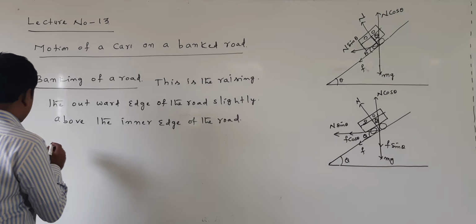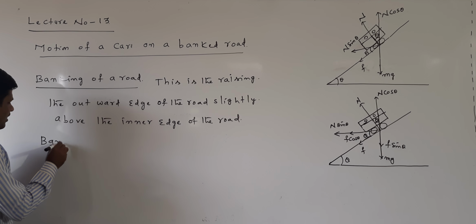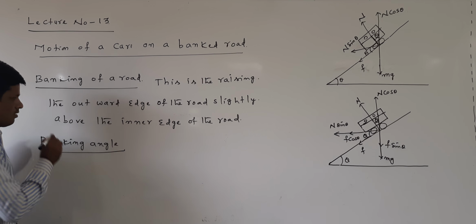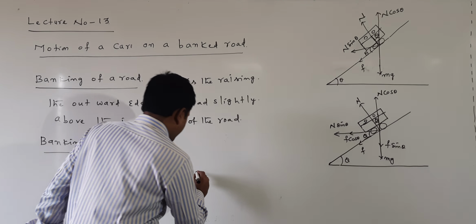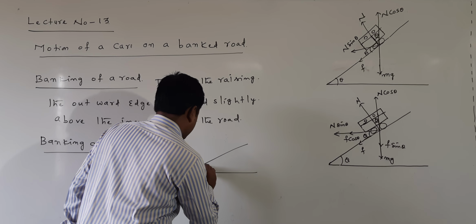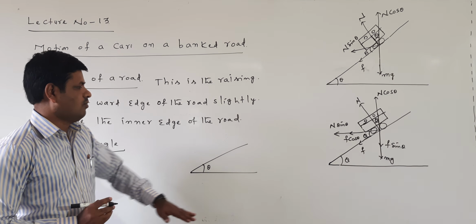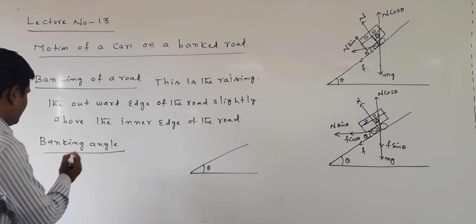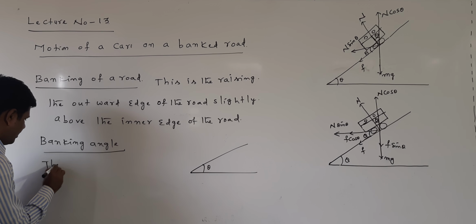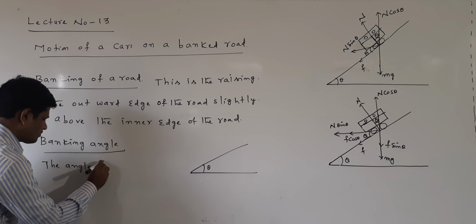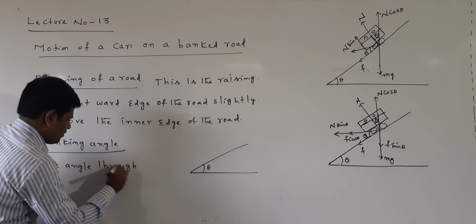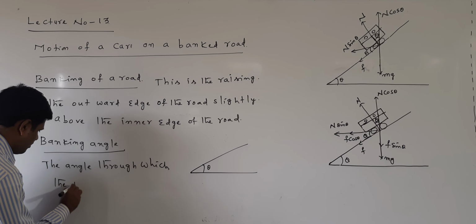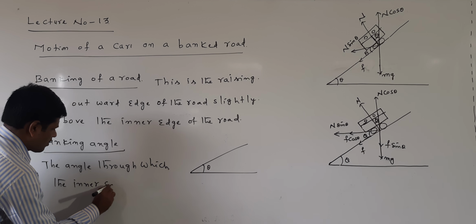Now next we will discuss the banking angle. This is called a banking angle. The outer edge of the road is raised above the inner edge of the road.